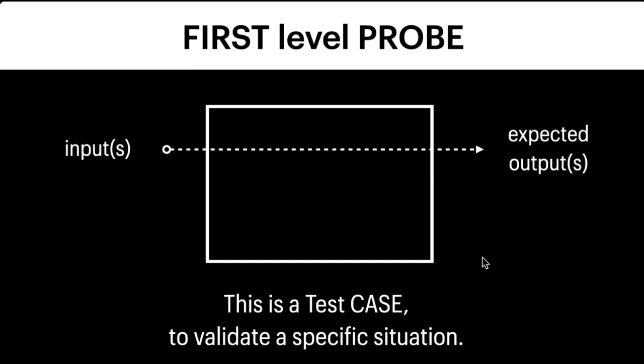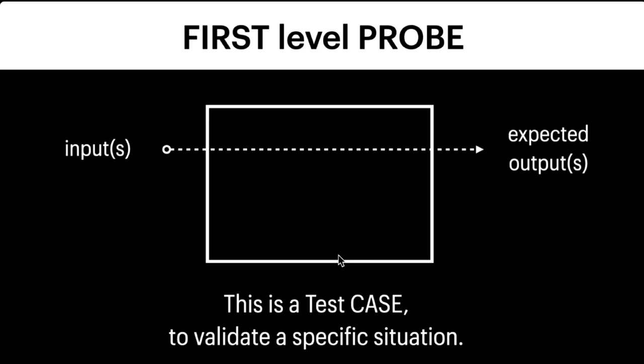One of the easiest ways to think about a probe, which I'm going to call a first level probe, is, hey, I have a set of inputs, I'm expecting some outputs. So if I connect this, and this is a line, and this box is the system under test, your application, your product, your module, your feature, however you may want to think, system under test or entity under test.